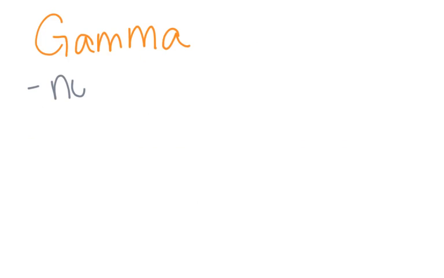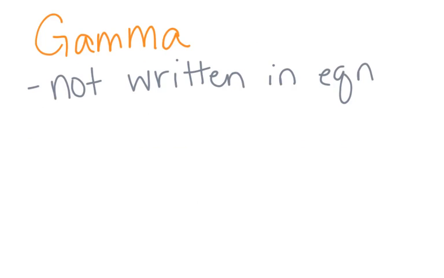The only other type of decay particle is gamma radiation. Now, gamma radiation is not written in equations. Right? It occurs alongside another type of decay.